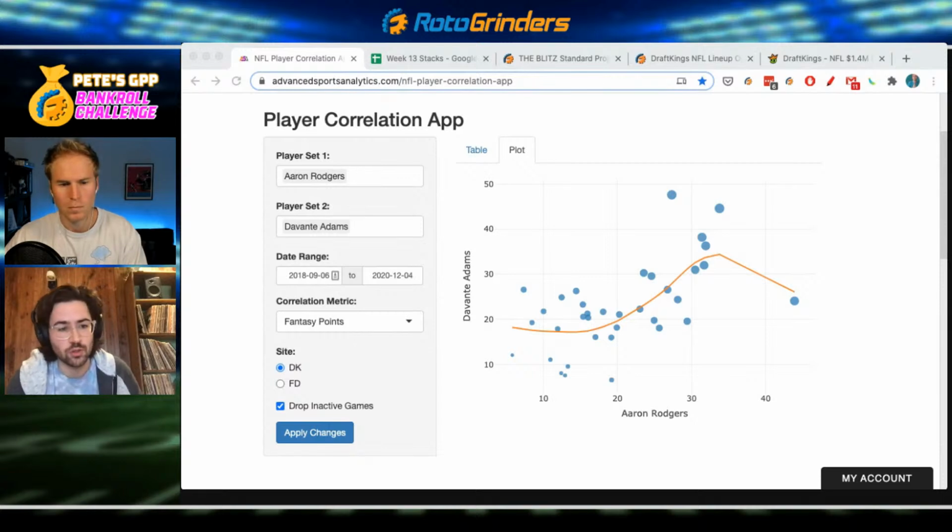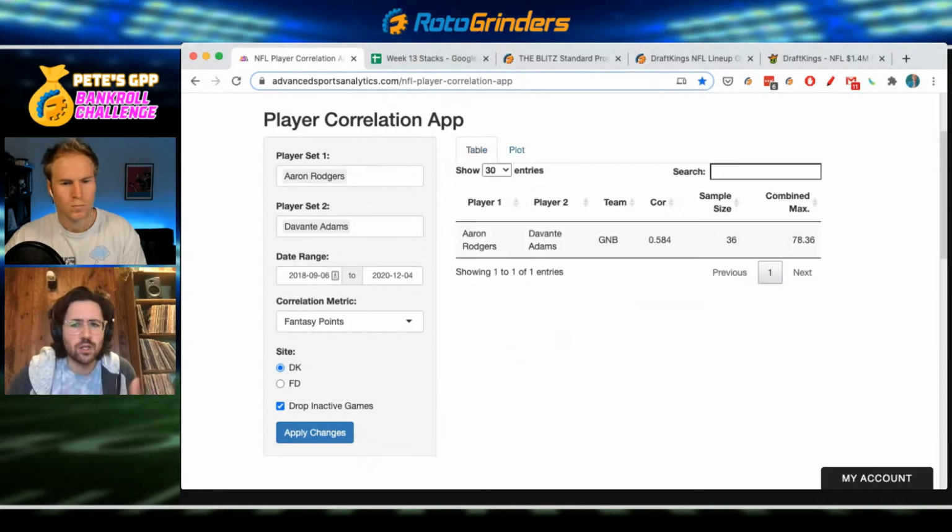When you do stuff like rush attempts or red zone rush attempts, where guys are getting 0, 1, 2, or maybe 3, you have a very sparse data set. So fantasy points is a good one to look at, and that's how we've designed the tool.